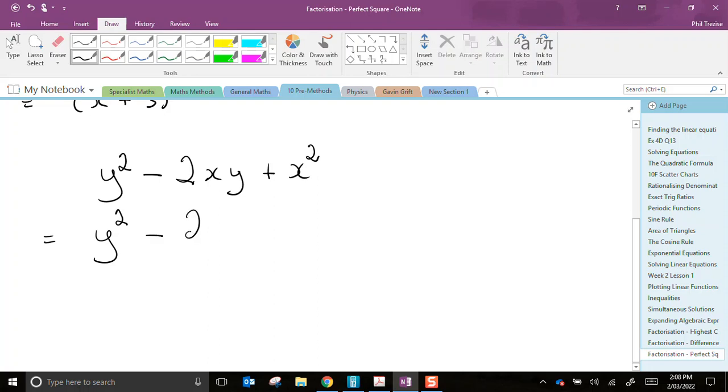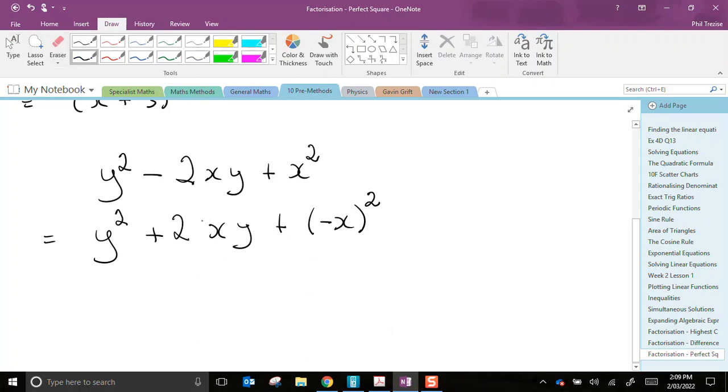The middle bit does look like 2 times the first part times the last part, but there's that annoying minus sign there. And then the last bit, what if it were negative x squared? Now a negative x times a negative x becomes a positive x squared. So that's fine. And really what I might want to do is just give myself slightly more room there.